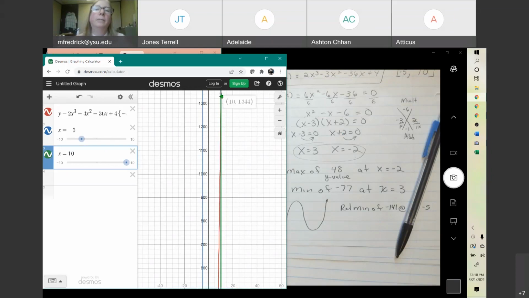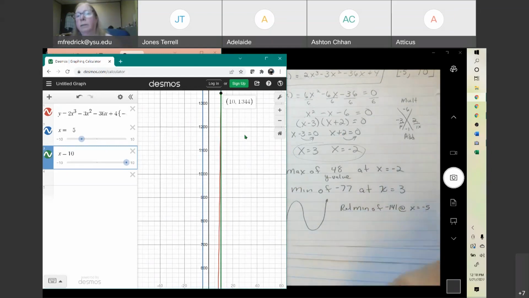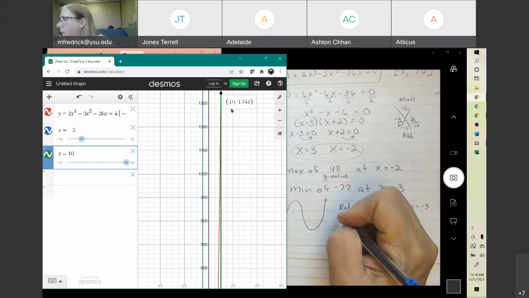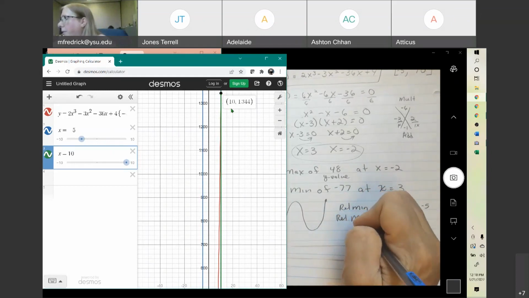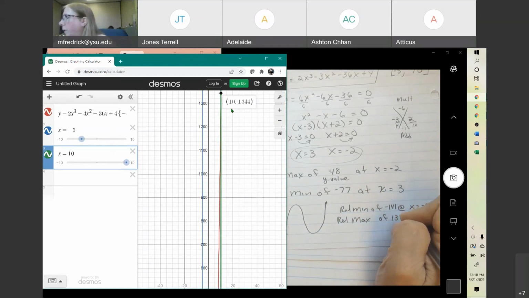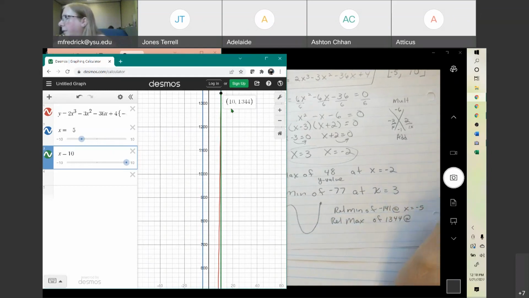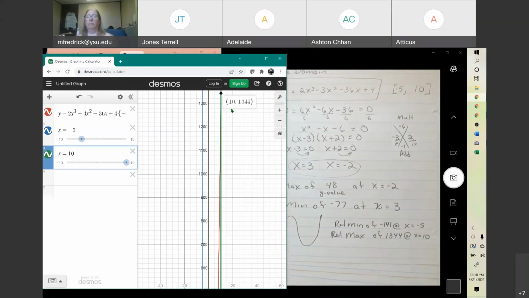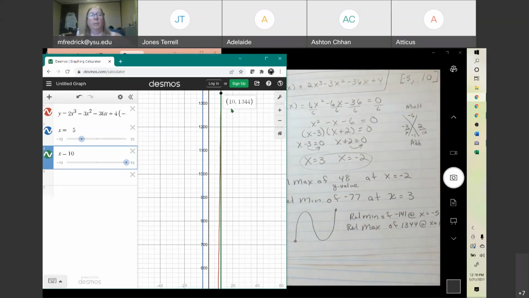There it is right here. 10, 1344. So that's a max because the rest of the line is going below it. And so it would be a relative max of 1344 at x equals 10. Any questions on that?